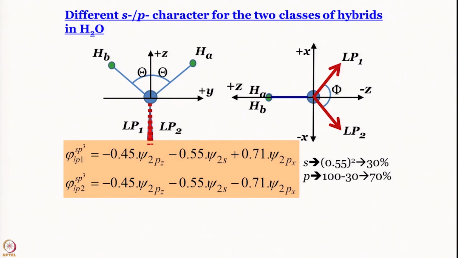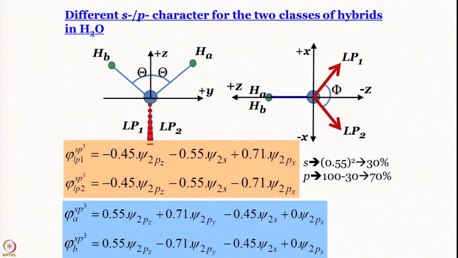So again this is not sp3, this is not sp4, this is sp 2 point something. If I normalize with respect to S, what is 7 with respect to 3? 7 by 3, right. So I can say sp 7 by 3, which will be 2.3 or something like that. So sp 2.3, something between sp2 and sp3.